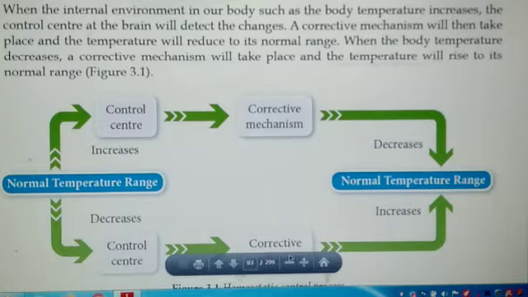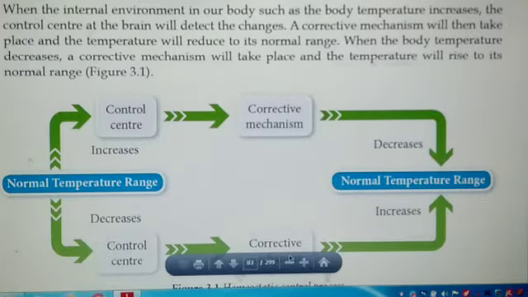After that, our brain with its control power will make a corrective mechanism, and in this corrective mechanism, our brain will try to reduce the temperature to a normal range. There is a certain mechanism that we will learn after this.